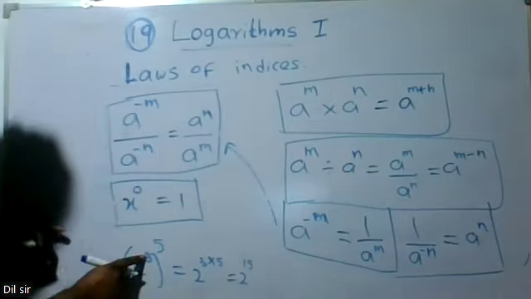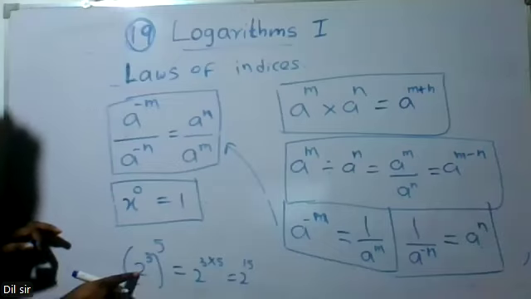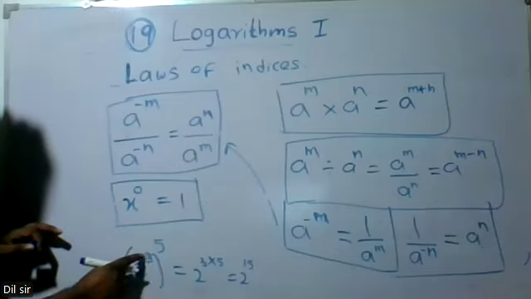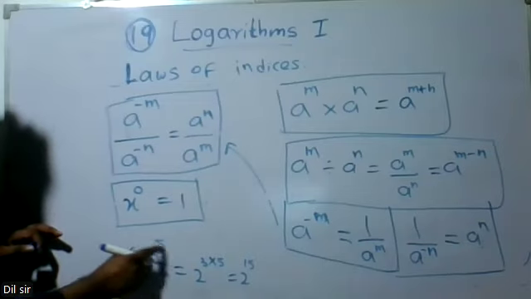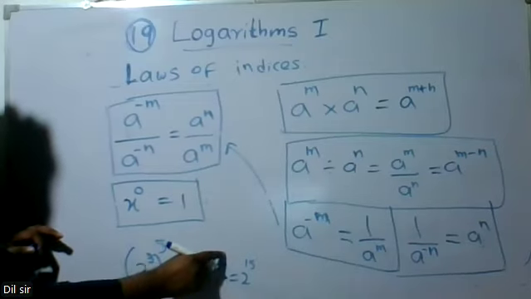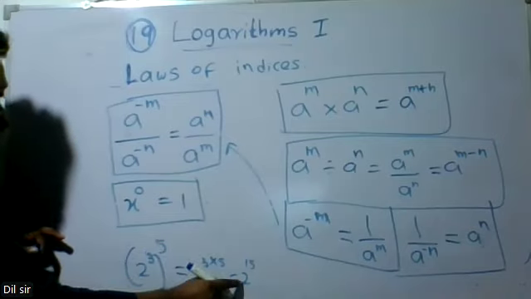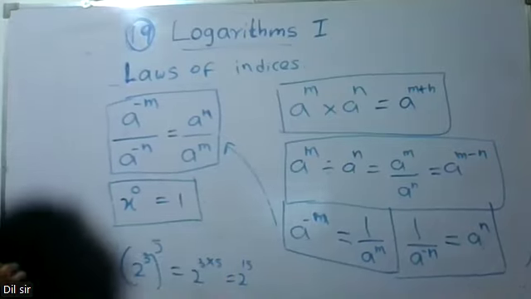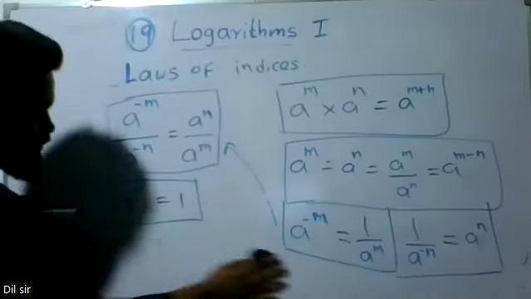So when there is a power of a power, these are two indices, and the indices are multiplied. 3 times 5, the answer is 2 to the power 15. Right, you write a law for this.